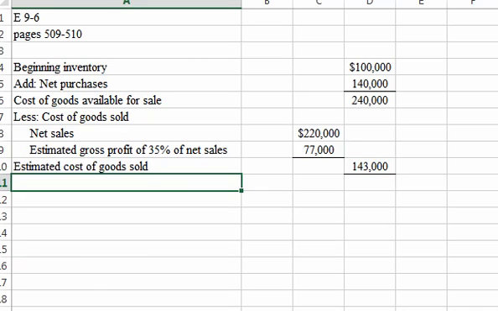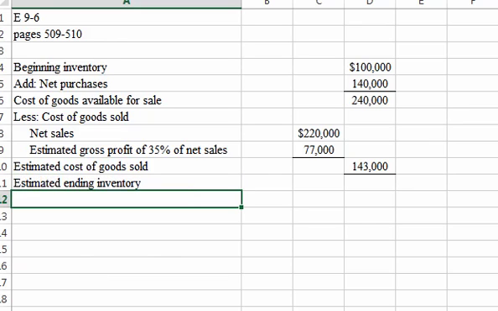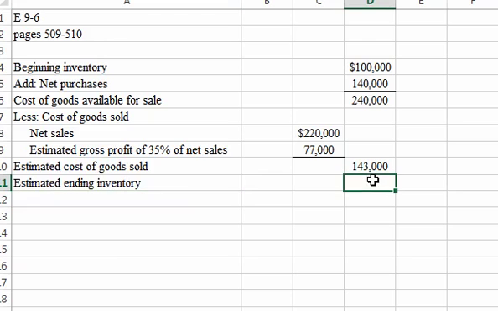Now we're going to subtract our estimate of cost of goods sold from cost of goods available for sale. And that gets us our estimated ending inventory. So our estimated ending inventory would be equal to cost of goods available for sale minus estimated cost of goods sold. So our estimated ending inventory was $97,000.